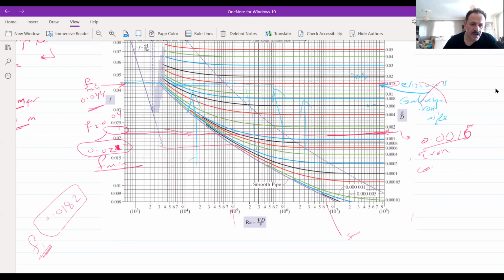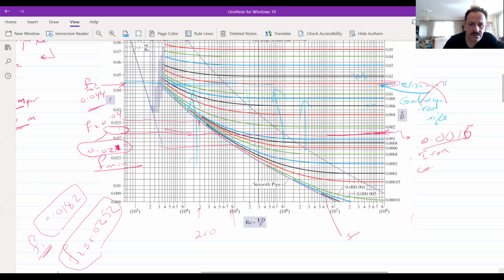For the second pipe, the Reynolds number is about 2 times 10 to the power 5, so this is the f, the friction coefficient for the second pipe, about 0.025. So we have 0.018 and 0.0252.